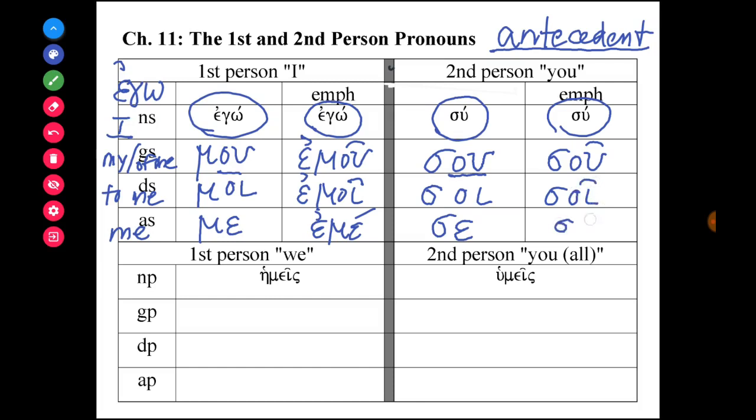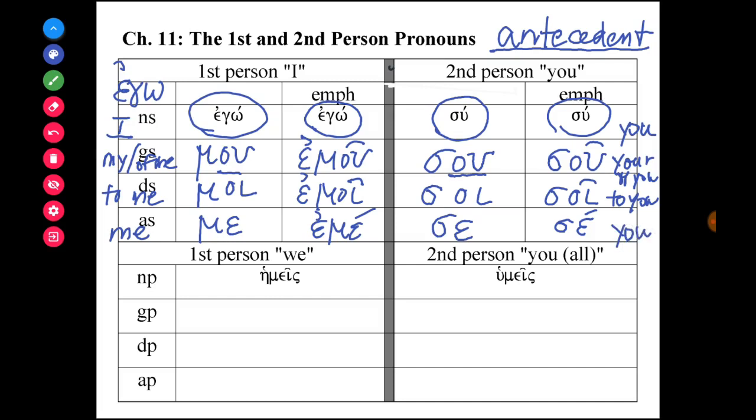And se has an accent, and the regular form does not. And this would be the nominative singular, you, the genitive, your, possessive, or it could be of you. The dative singular would be to you, and the accusative would be you. And these are the singular forms.